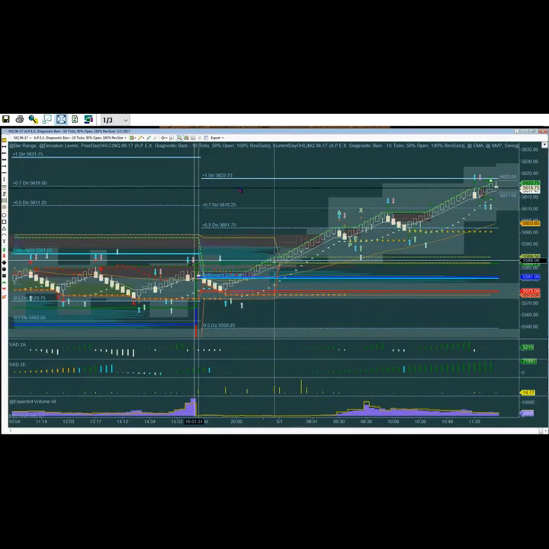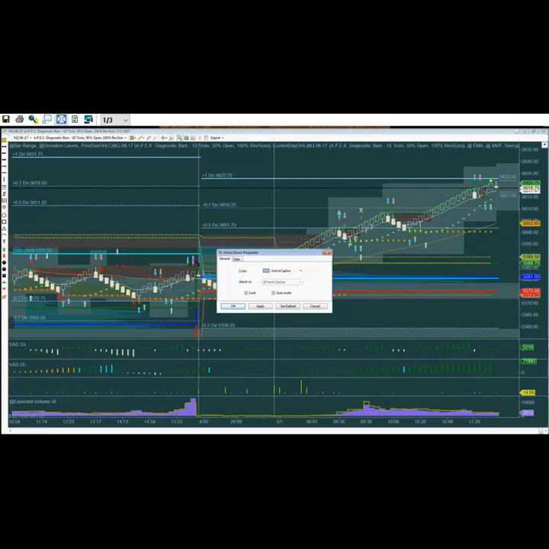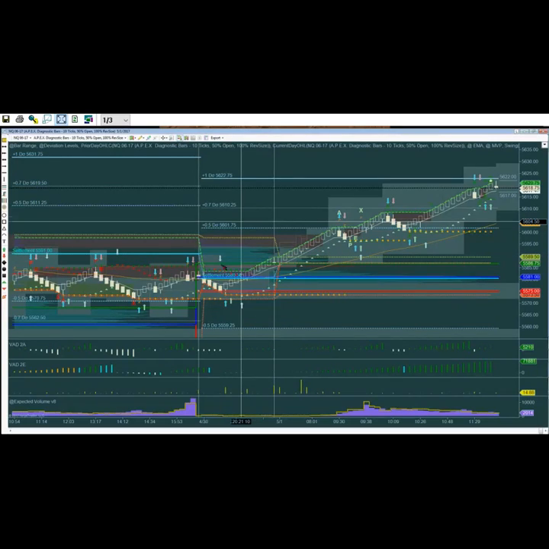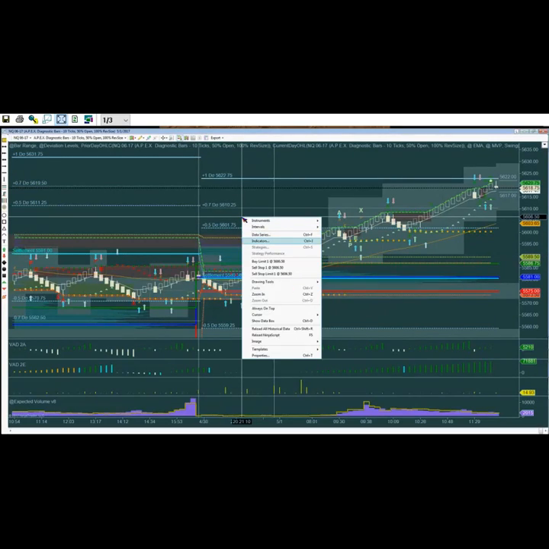Let's see, here is the C's, and if we go over, yeah, just go directly into it. Into indicators.